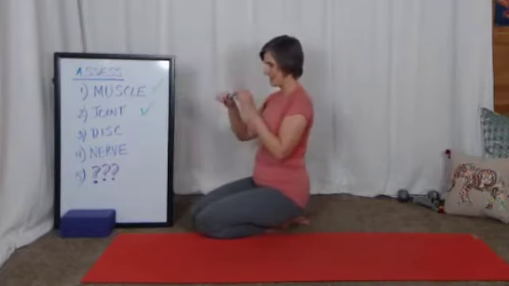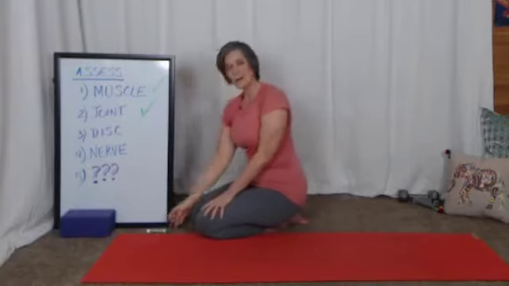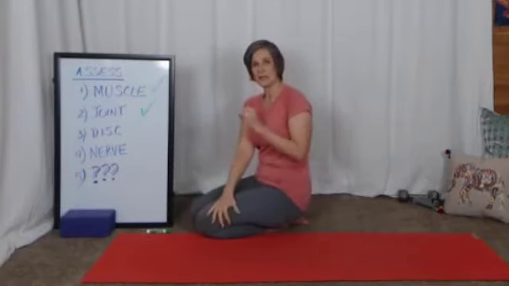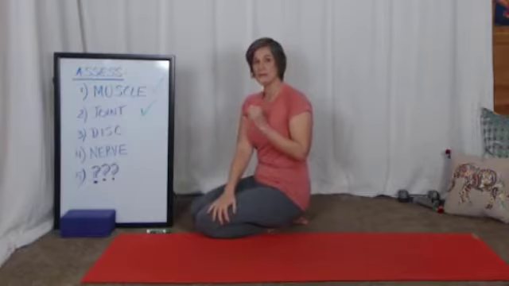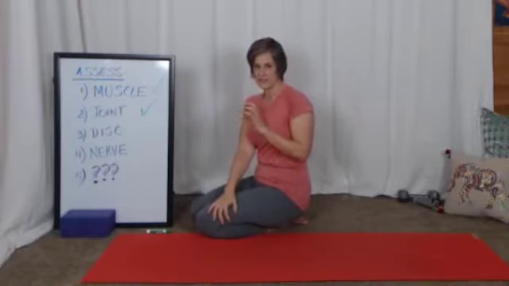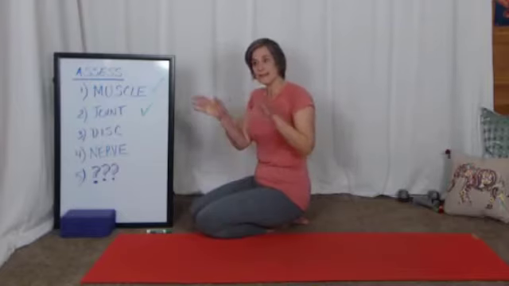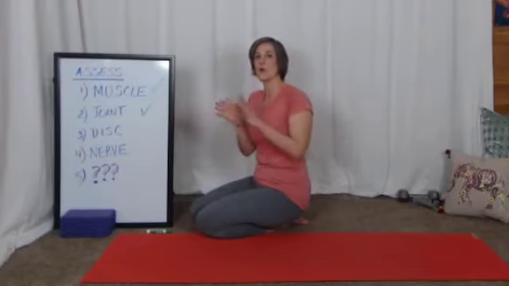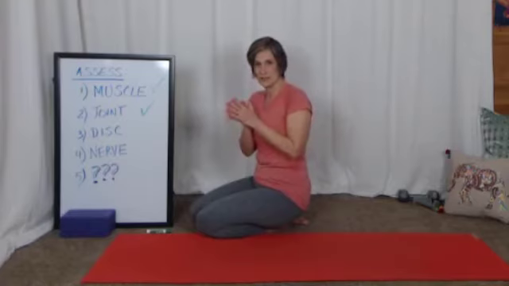Now, disc. Our discs aren't typically the source of the pain, but it's the structures around the disc and where they're sort of exiting the spine. That is what we're really interested in when we're taking you through some of the assessments.